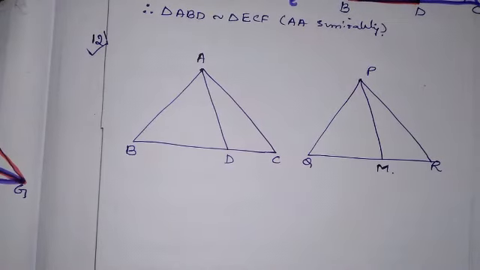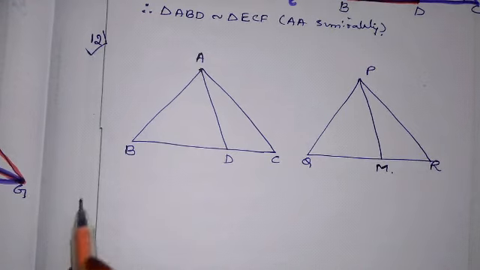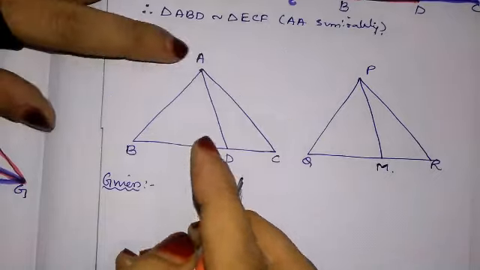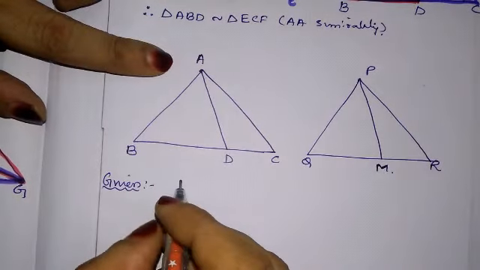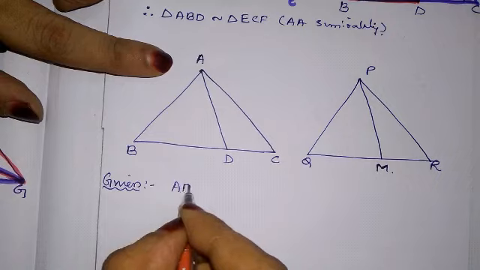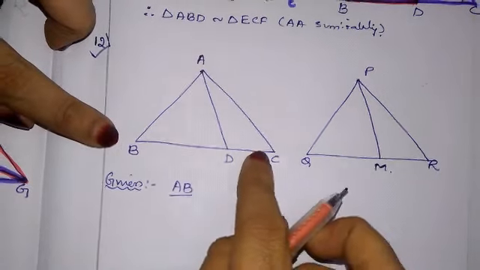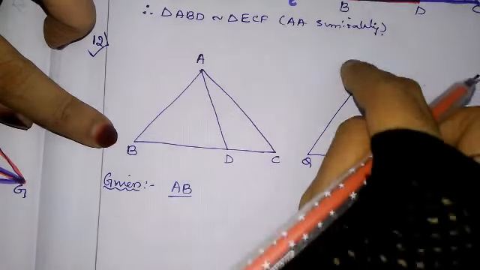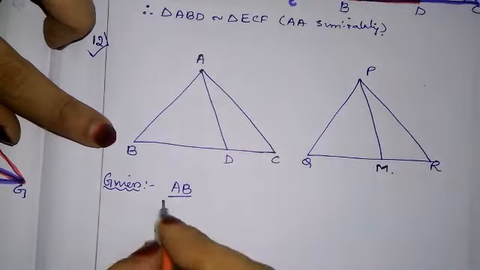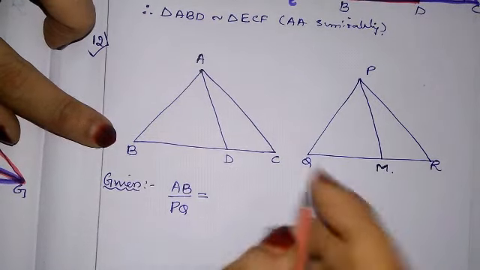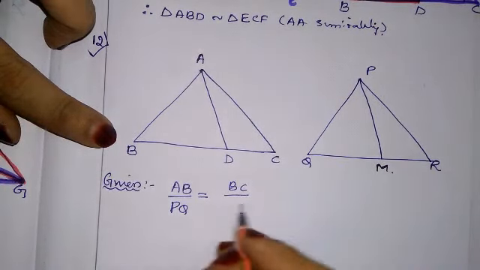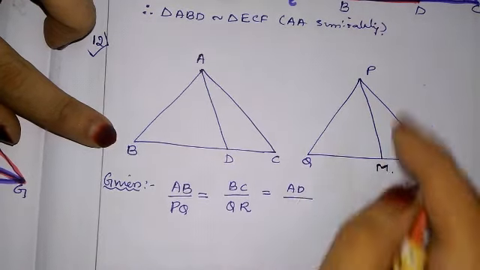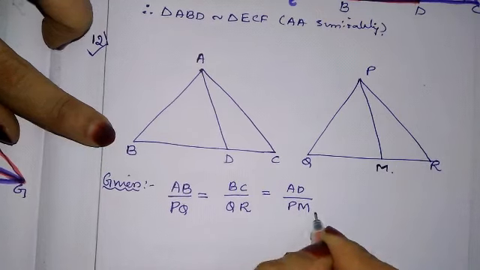We have to prove it. See, given in triangle ABC, they have told side AB and side BC and median AD are proportional to PQ, QR and PM. So AB by PQ is equal to BC by QR is equal to AD by PM. This they have given.